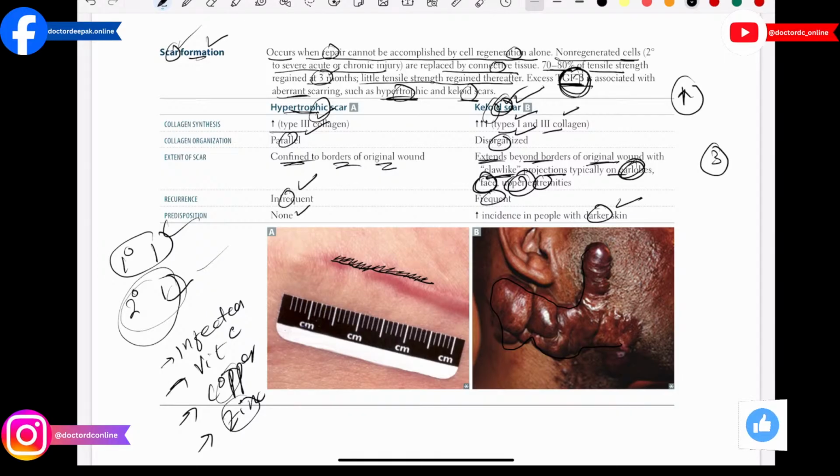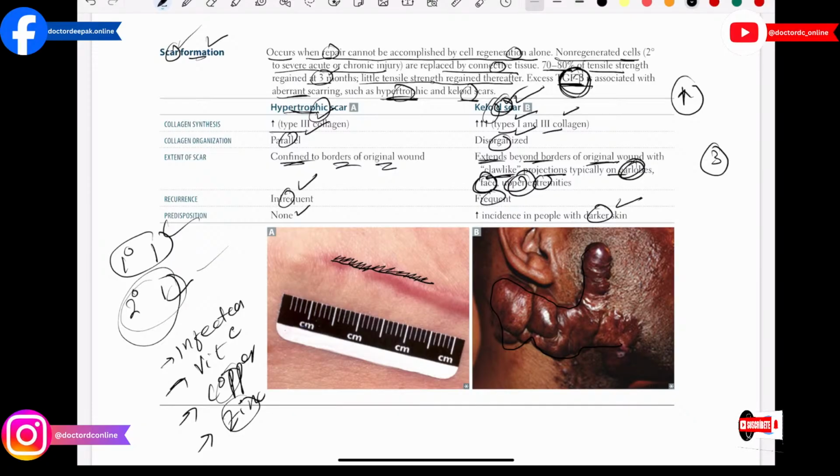First of all, they will ask more questions on the wound healing phases, like what vitamins are required. So please try to remember the names of the vitamins. Then you have to remember the difference between permanent, labile and stable tissues. Then you have to remember the steps of wound healing, the phases of wound healing.